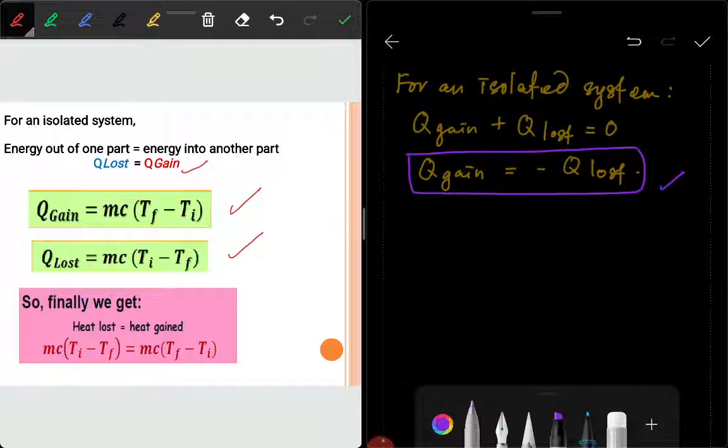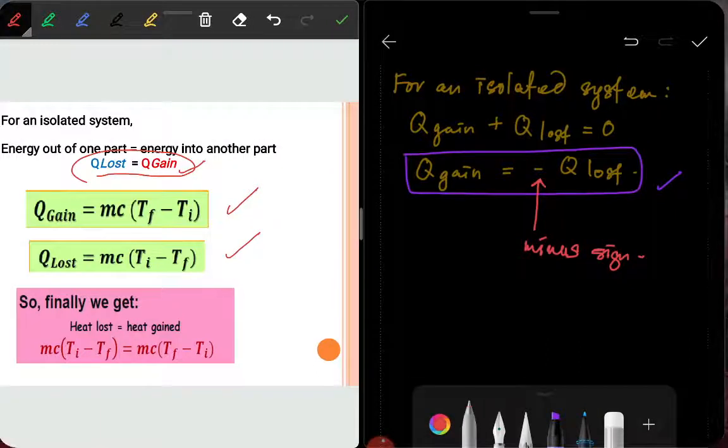As you can see here, at this part, there's a negative minus sign. When I rearrange the equation, there's a minus sign here. For this equation, there is no minus sign. That's the difference.